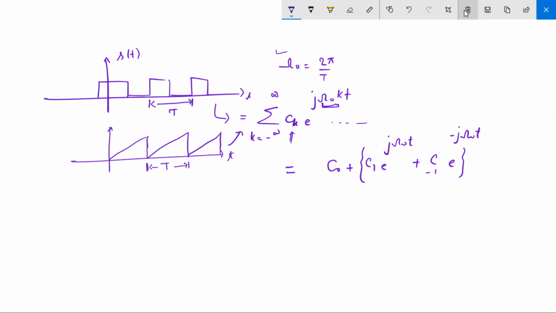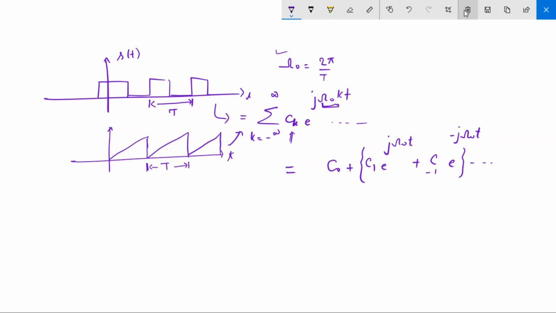If c minus 1 is the minus of c1, you will get a minus sign here, and in that case you will get a sine function. So finally this signal can be represented in terms of sines and cosines only. That is why we said these signals are the building blocks, because any periodic signal can be generated from complex exponentials or sine and cosine functions.